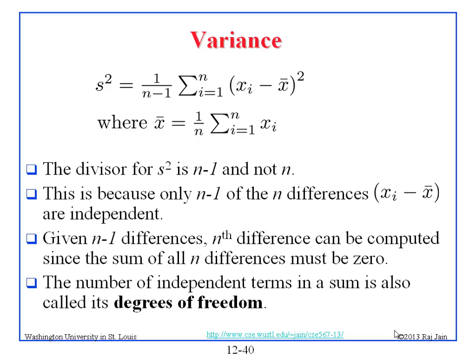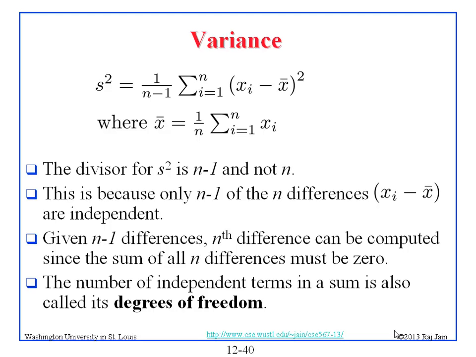Because by definition, x bar is the sum of them divided by n, so if you bring x bar to this side, you will get a 0 on the other side. So only n minus 1 of them are independent. The nth number you can always guess from the n minus 1 numbers. And therefore we call it degrees of freedom. In calculating S squared, you have only n minus 1 degrees of freedom. And so you divide by n minus 1.